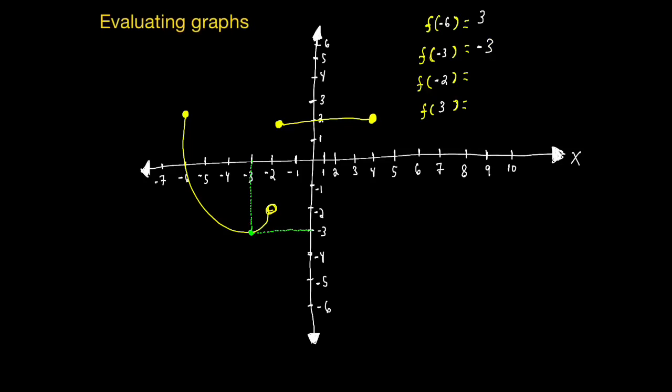Now let's take a look at f of -2. This one's going to be the interesting one. So now we look at -2, and at first glance, we may think that we have two values. We have this one, and we have that one. But remember what I said on the previous slide.